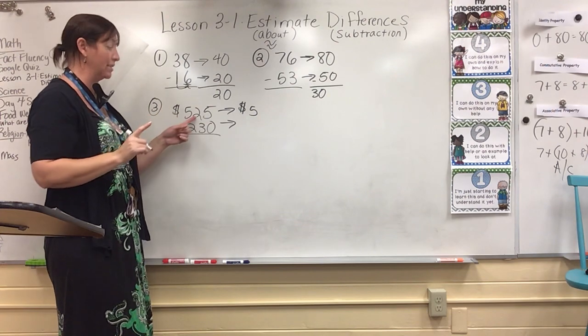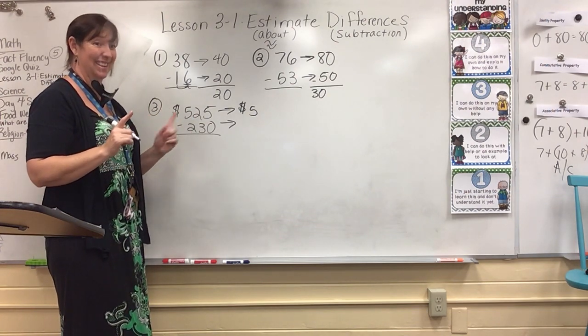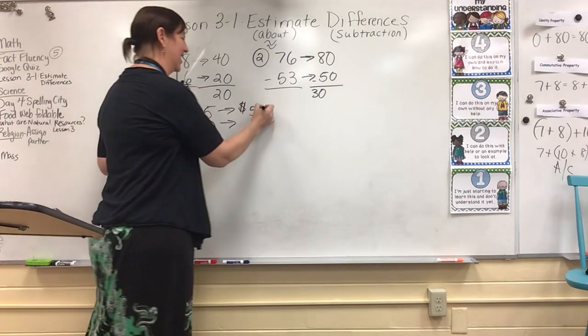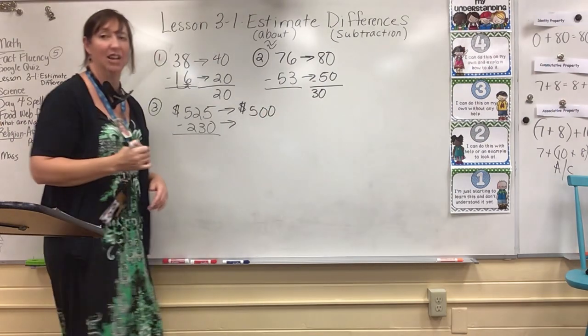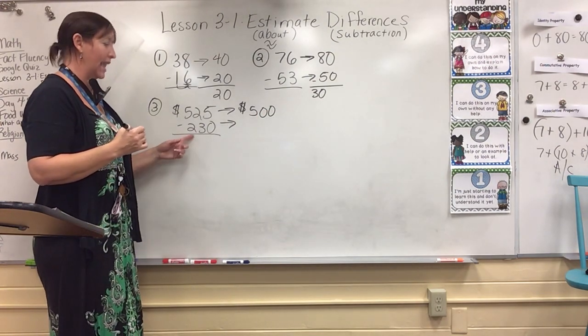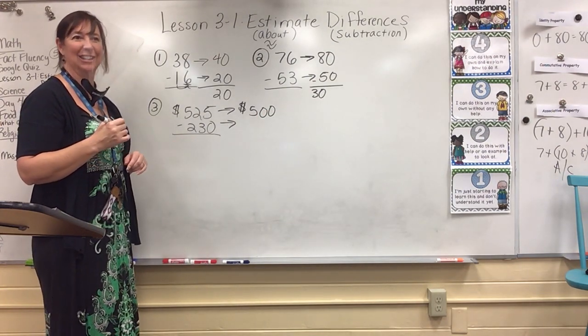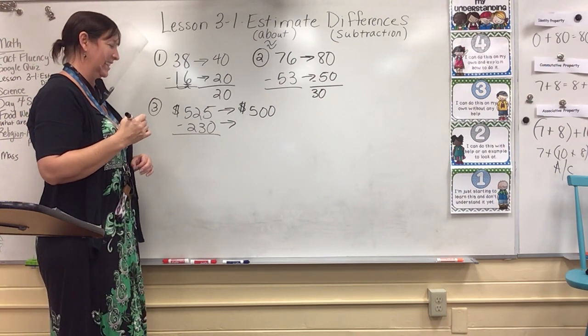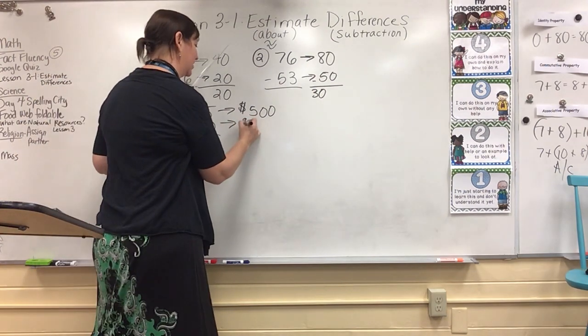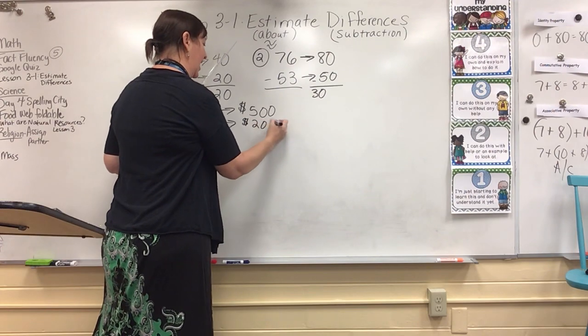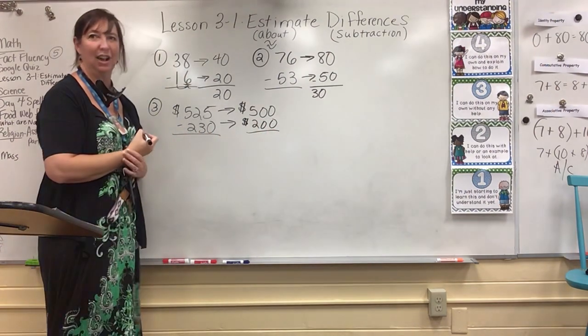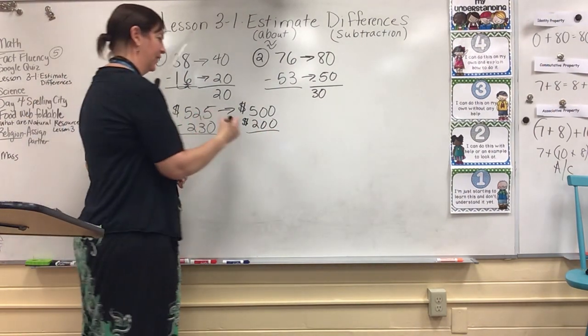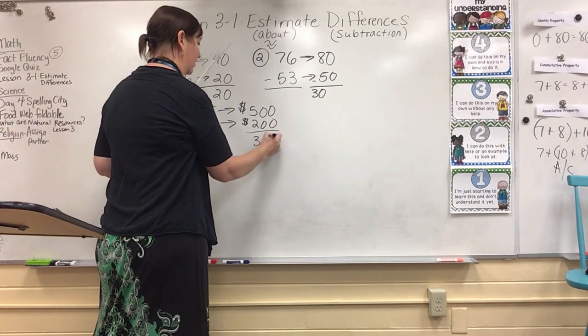So this one is going to be 500. 500. Very good, because we're estimating to the hundreds place in this problem. And how about 230? Lily? 200. It estimates to 200. Very good. And what's 500 minus 200? Diego? 300. 300. Very good.